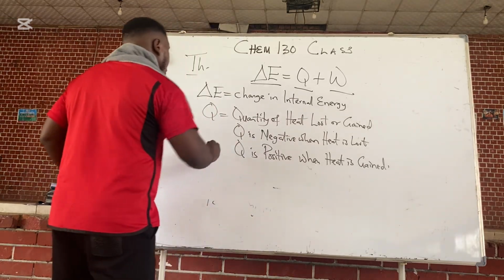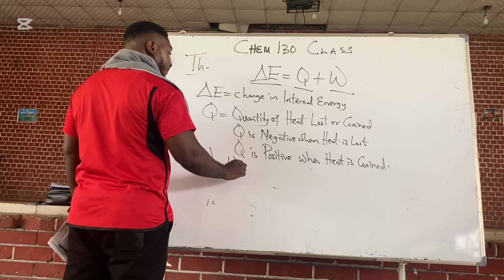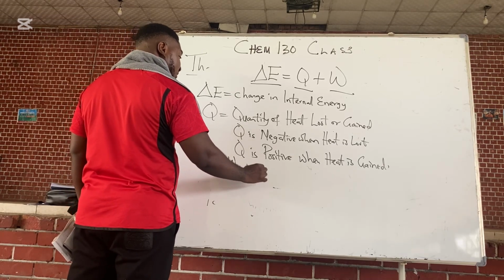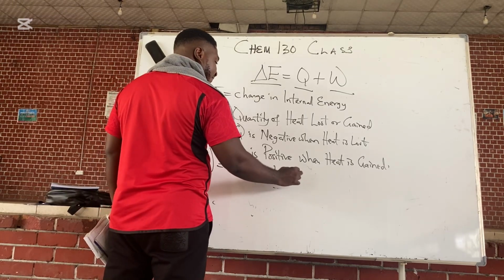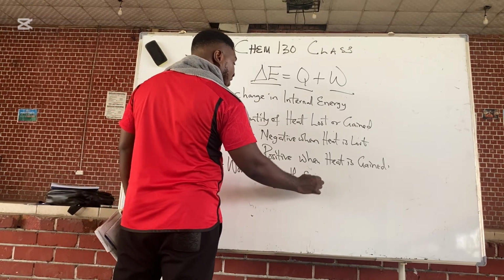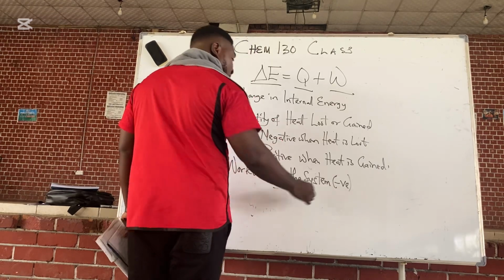Class, W is work done by the system or on the system. If work is done by the system, W is what? Negative.